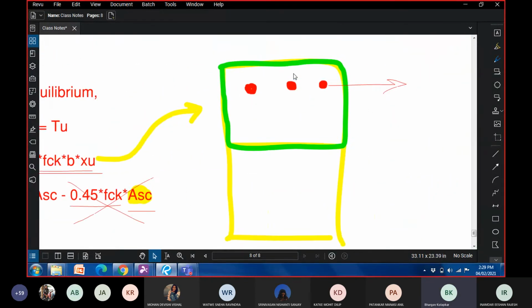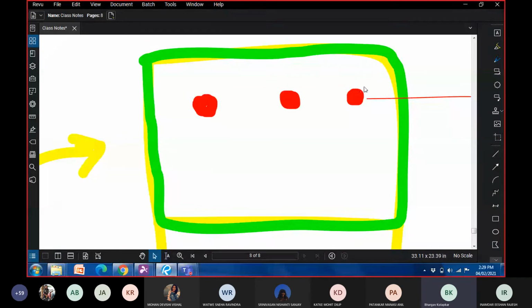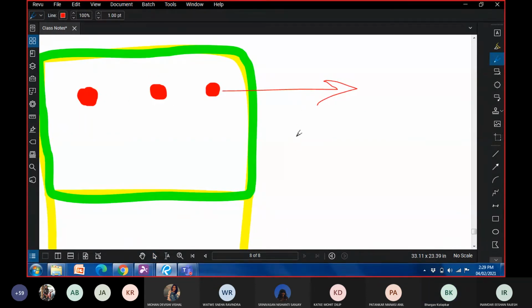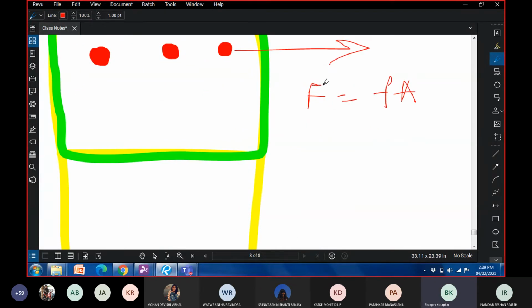But because we also considered this red area as concrete, now we have to subtract the force that is carried by the concrete in this red area. That force is equal to stress into area. We are deducting the force in concrete.